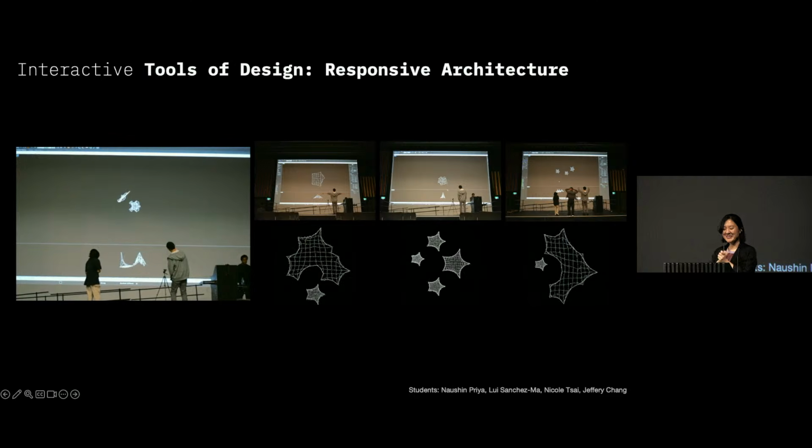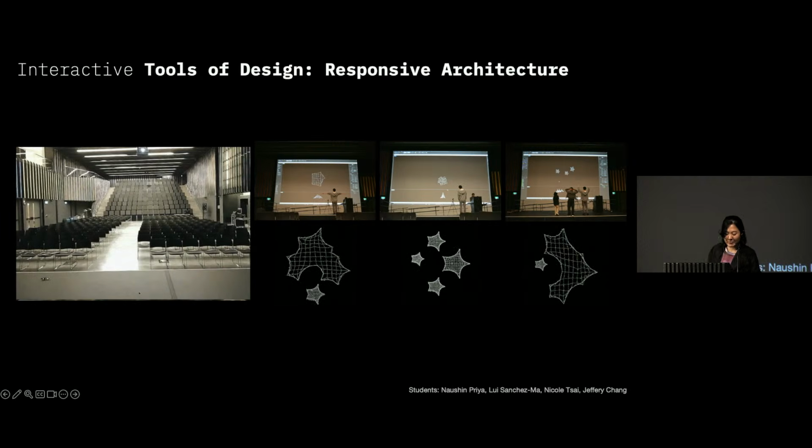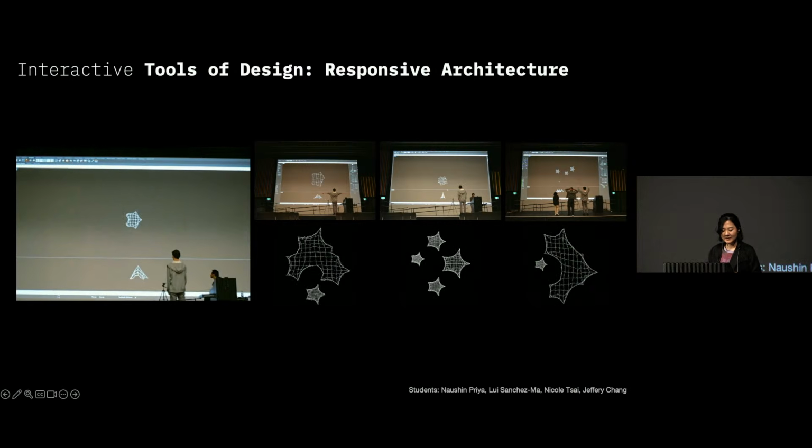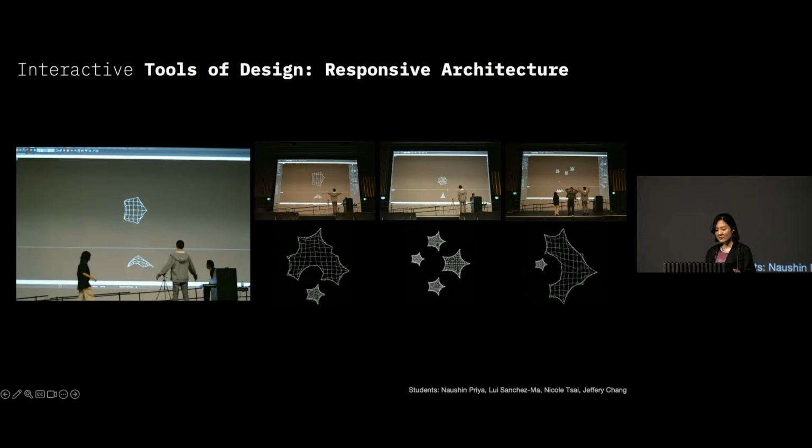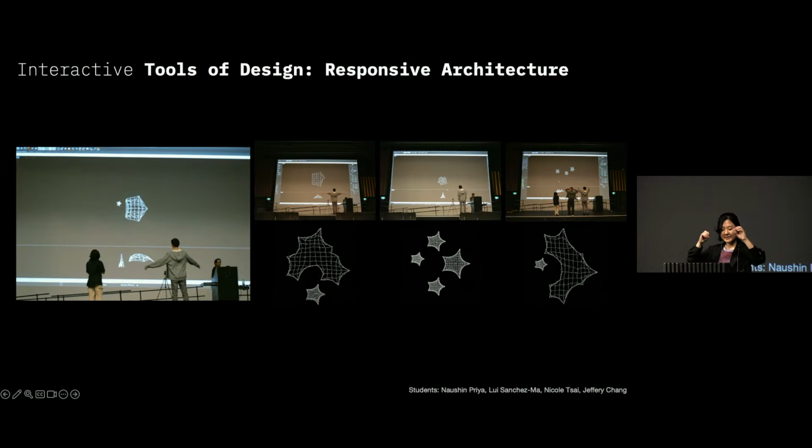Also, thank you, my wonderful students, where this particular project group is using TouchDesigner to think about the idea that your postures, whether it's just one person in front of it or multiple people, are impacting and creating this computational design process.